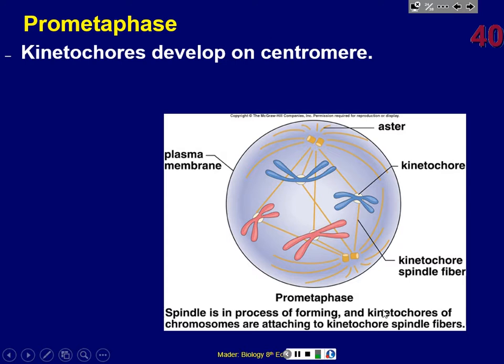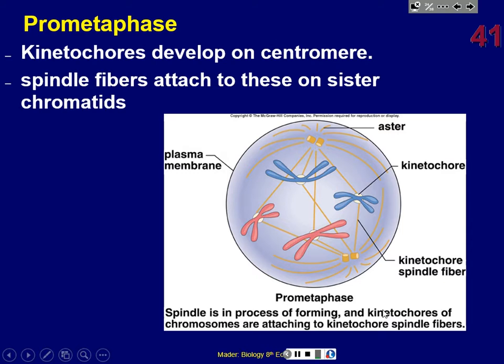So we're going to have a spindle fiber from each centriole connecting to the kinetochores of each chromosome. Notice how the short red one has a spindle fiber to this centriole over here to the bottom right, and it also has a spindle fiber to the centriole at the top of the cell. So there's going to be a spindle fiber from each centriole connecting to each chromosome. Okay? So the spindle fibers attach to the kinetochores on the sister chromatids.